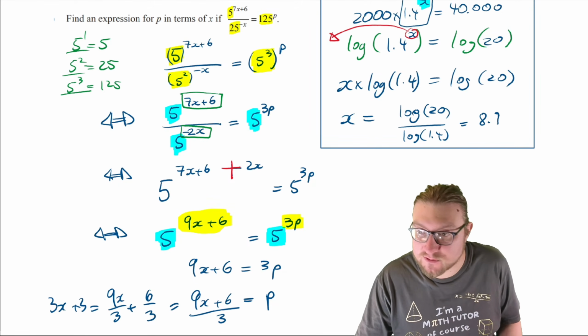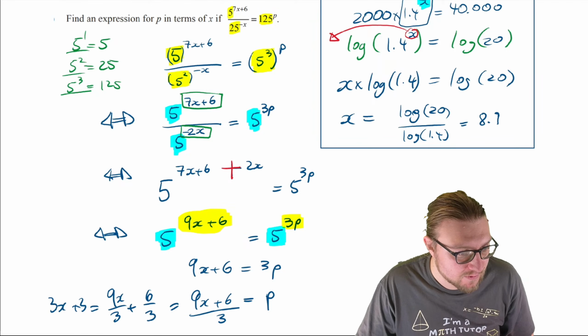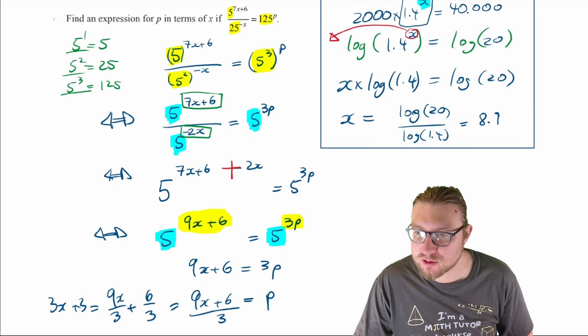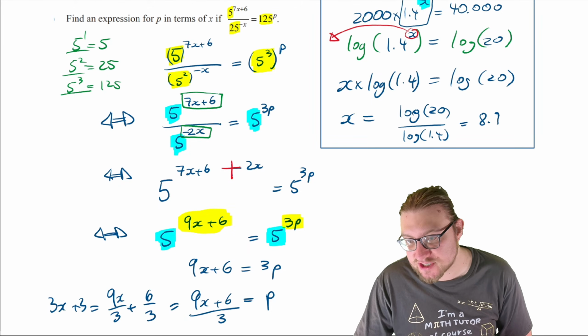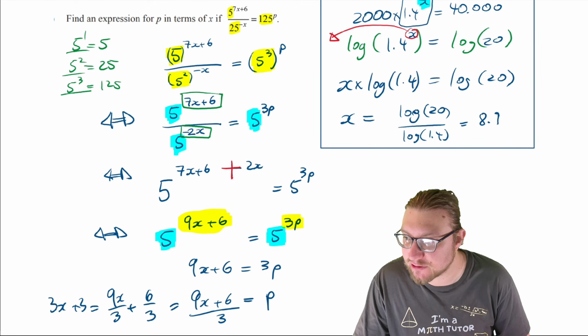I think this question is actually an E question. 1 second. What question was this? Might also just be a merit question. Yeah, it's just a merit question. So finding p is equal to 3x plus 2 is a merit.